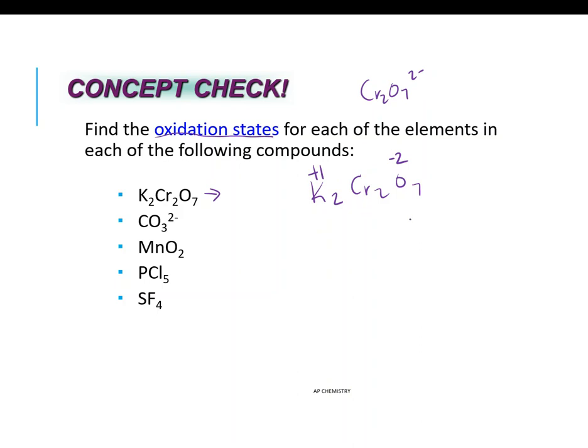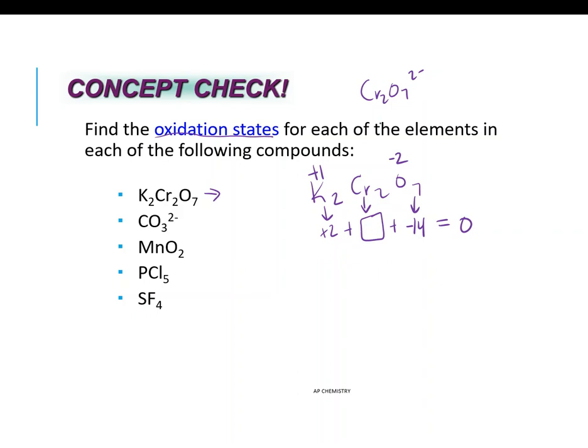In this particular case, this would be -14 because there's 7 times 2. Now remember, this all has to add up to 0, plus something here for the chromiums, plus 1 times 2, so this is a +2 coming out of the potassiums, like so. Now, what do the chromiums have to add up to then?